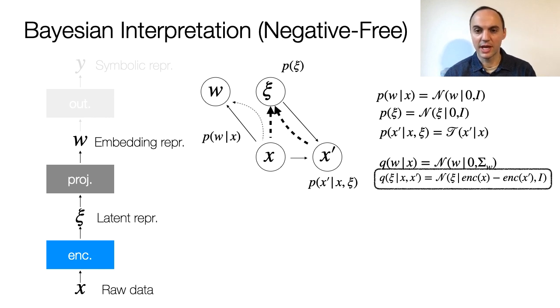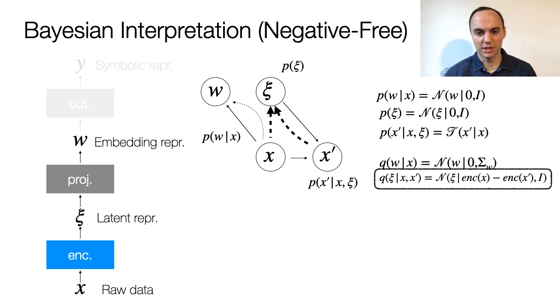Q of c given x and x prime is also a Gaussian distribution, but this time the mean is equal to the difference between the output of the encoder for the image and its augmented version, whereas the covariance matrix is just an identity matrix. So this is the full graphical model.